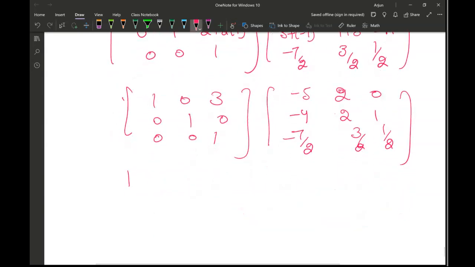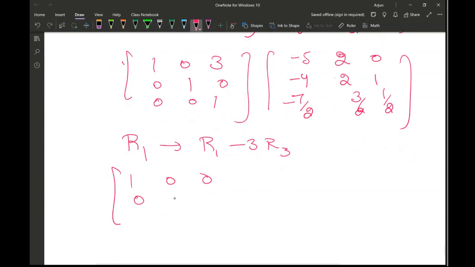And then the final step will be R1. On R1 I will apply R1 minus 3R3. That's going to become now 1 0 0, 0 1 0, 0 0 1. That's your matrix. And now this will be minus 5 minus 3 times, because 3 times R3. This will be a little complicated calculation.